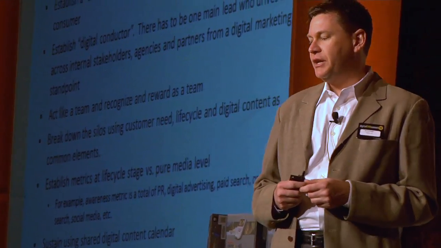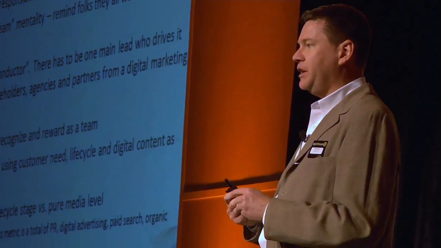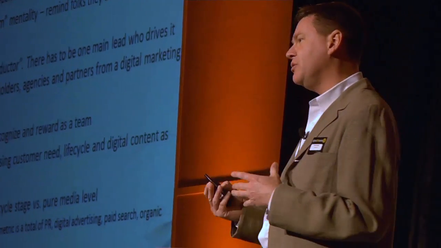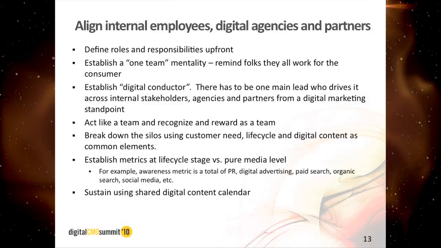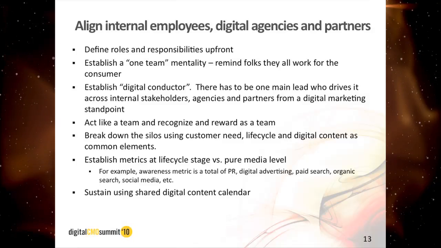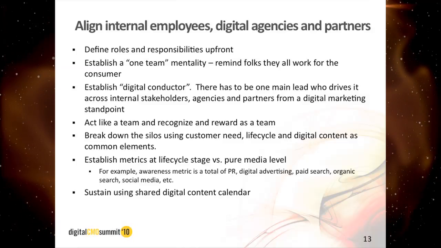To get this up and running, we first defined up front the roles and responsibilities internally at T-Mobile across our different functional groups within marketing, sales, and care, and with our agencies. We established a one-team mentality, internal and external, across multiple agencies, and reminded them that we're all working for the customer.